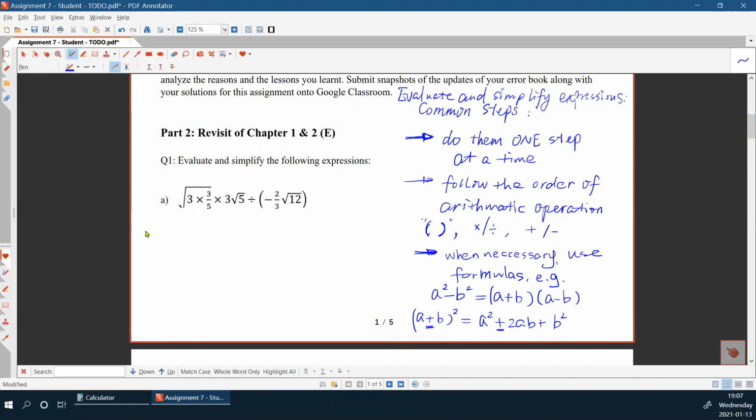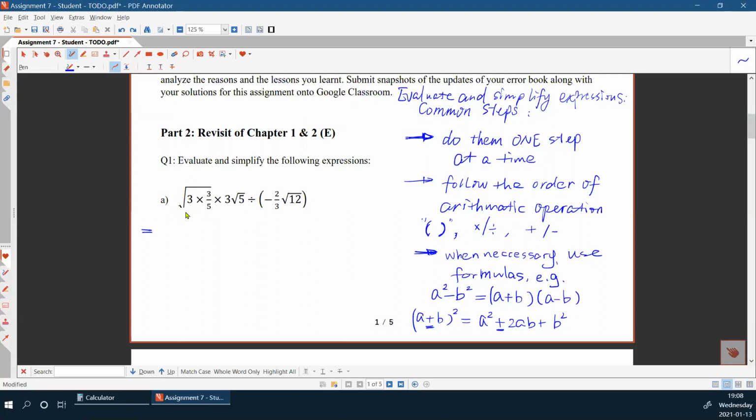Okay, so let's have a look at these questions. The first one, okay, if you think it's a complex expression, just as I said, do them one step at a time. Okay, let's do this one first, and just follow the order of arithmetic operations.